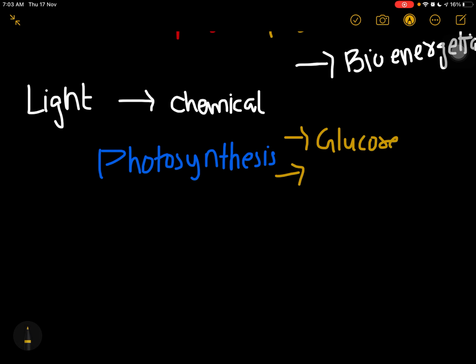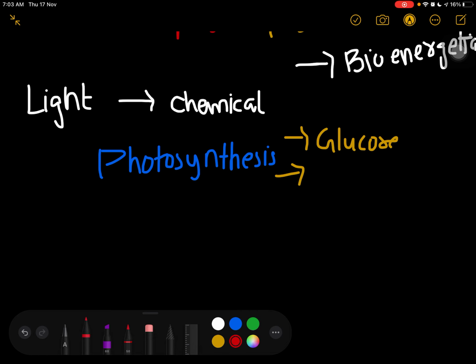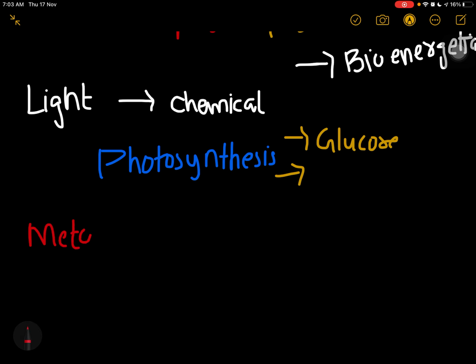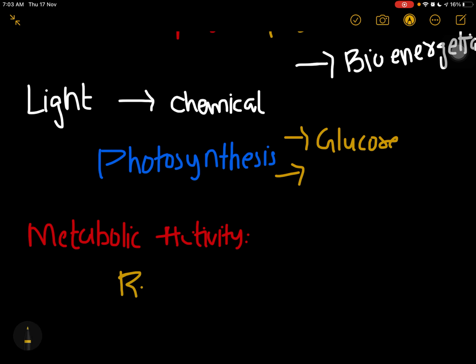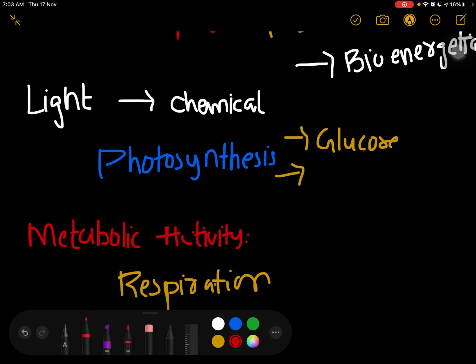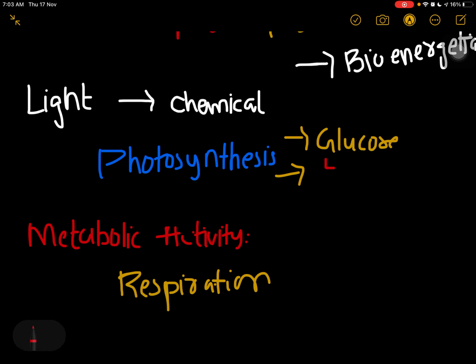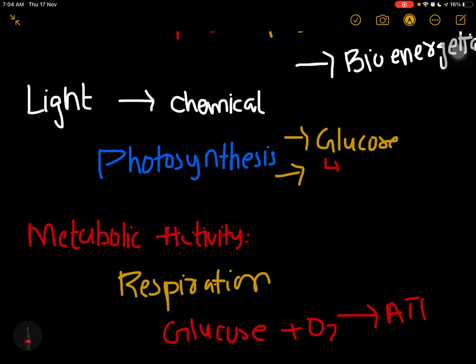Now there is another metabolic activity, there are a lot of metabolic activities. There is another metabolic activity which is known as respiration. What will happen in this activity is that the glucose that is formed over here will get oxidized, glucose plus oxygen, and they will produce ATP.